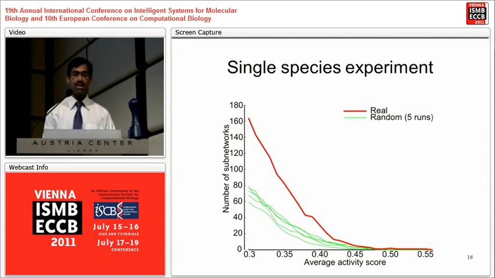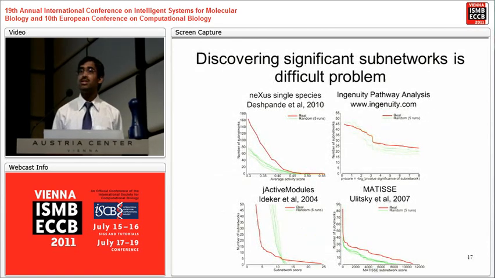Here we see that for the real case we discover a lot more subnetworks than for the random cases, and that is good. But one thing that would be surprising to you is that even for the random case we can discover a lot of subnetworks, and this is not limited to my approach, but this is a problem faced by other approaches as well.